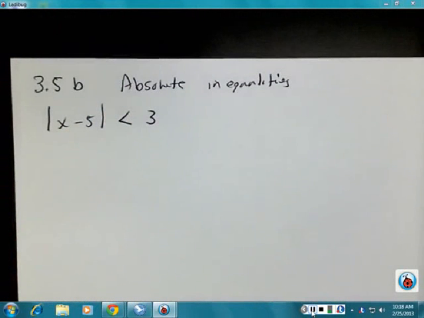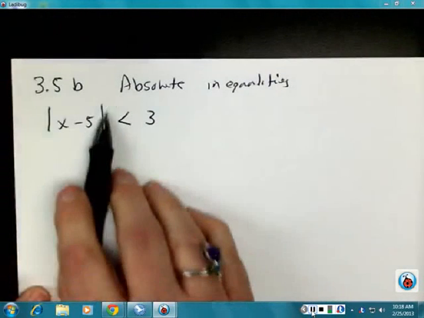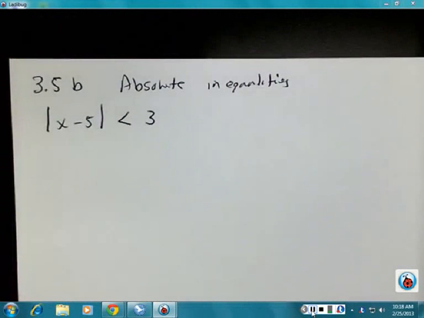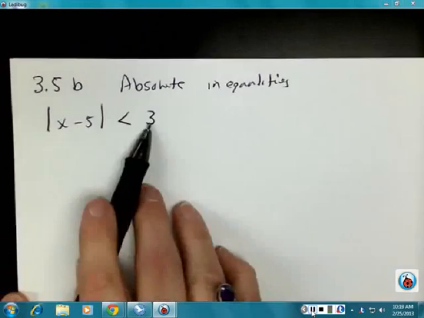If there's an inequality involved, we have to pay attention to this side over here and ask what it tells me about this problem. We also have to be able to get these things into interval notation and so forth. So let's go through and see if we can solve this.